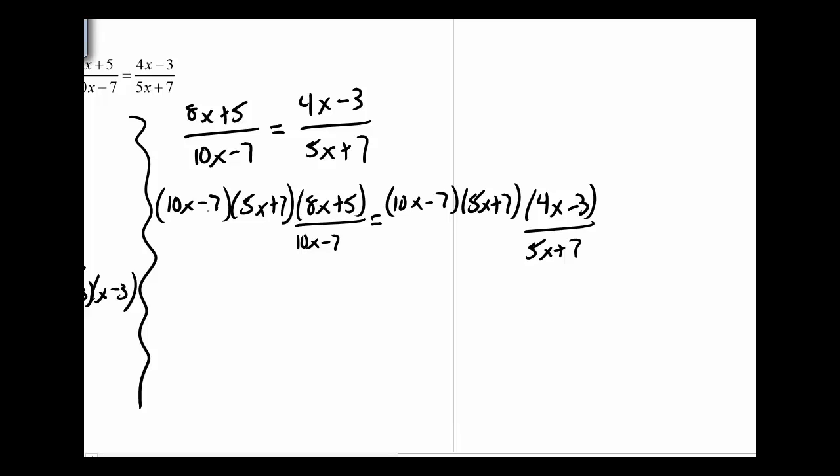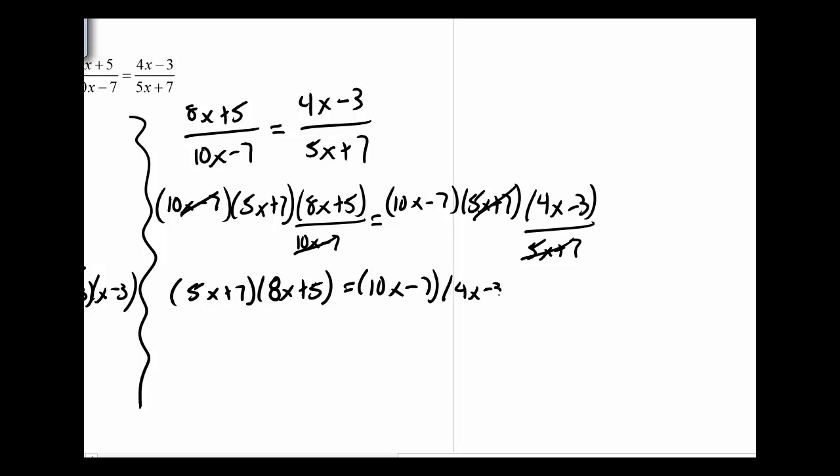So when I did that, notice on the left side, the 10x minus 7s divide out, and I'm left with 5x plus 7 times 8x plus 5. And over here, the 5x plus 7s divide out, and I'm left with 10x minus 7 times 4x minus 3.